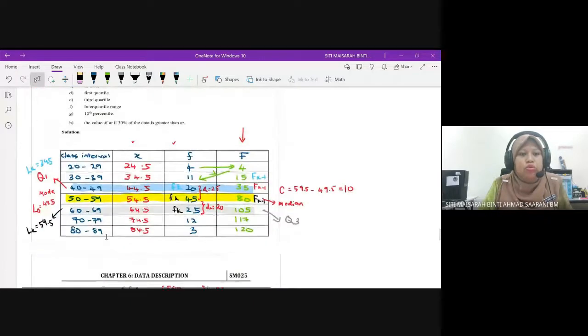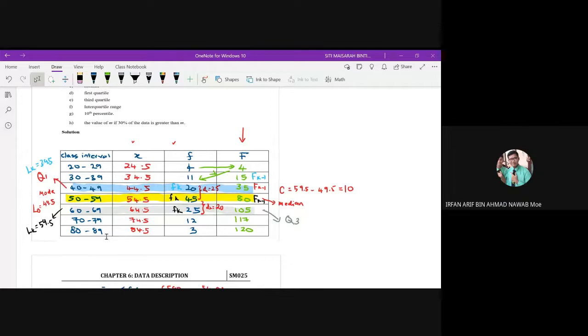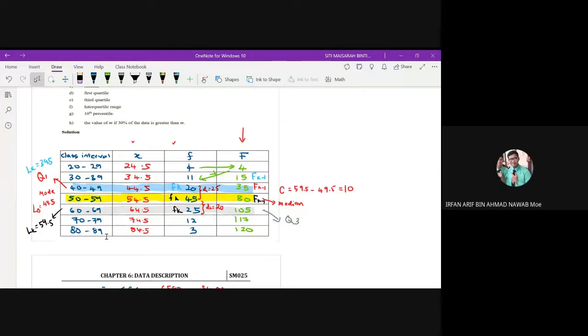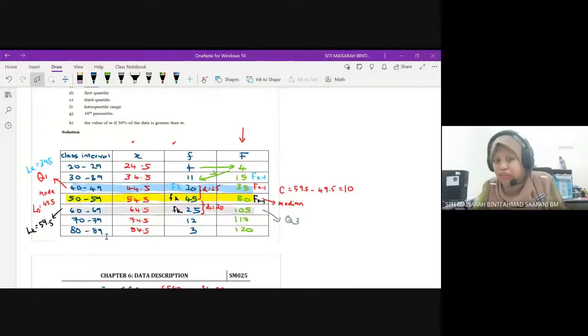You have to calculate it. 10 over 100 times 120, what do you get? 12. So 12 is in the second row.